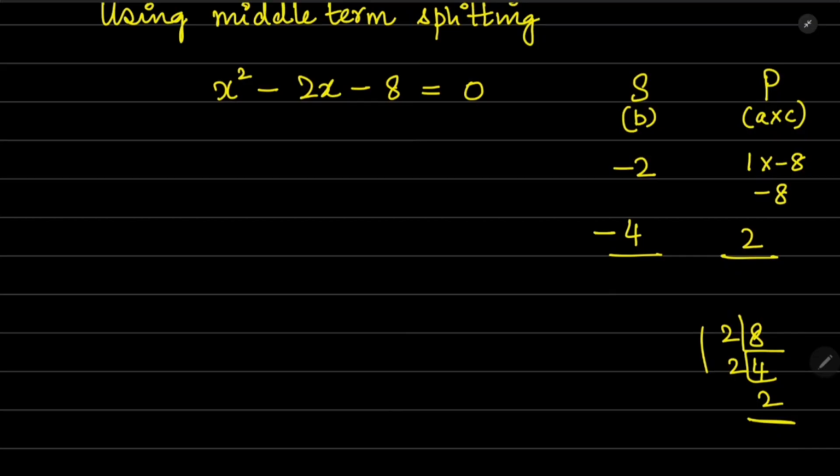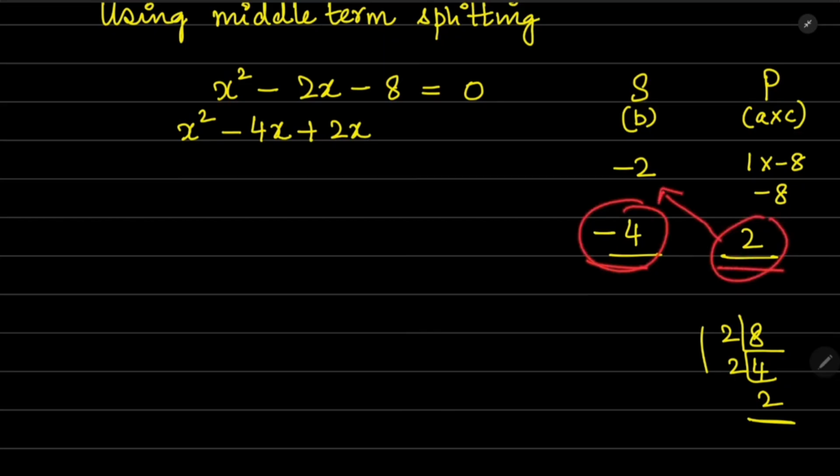Now, these are the two values that you have to substitute in order to do the middle term splitting. So I am going to write x square, instead of the middle term minus 2x, I am going to write minus 4x plus 2x, because minus 4 and plus 2 are the two numbers whose sum is minus 2 and whose product is minus 8.